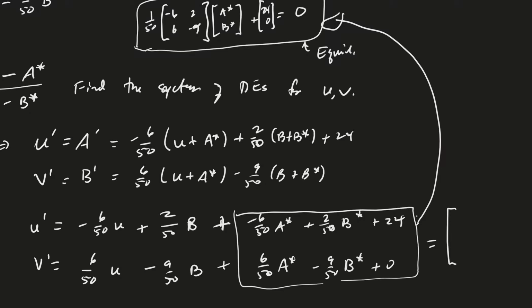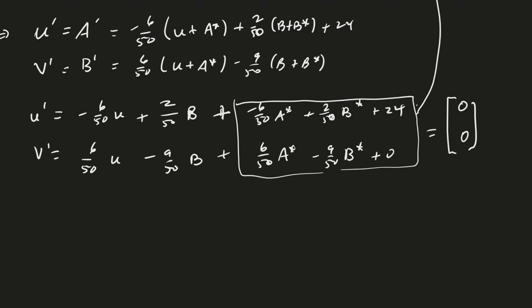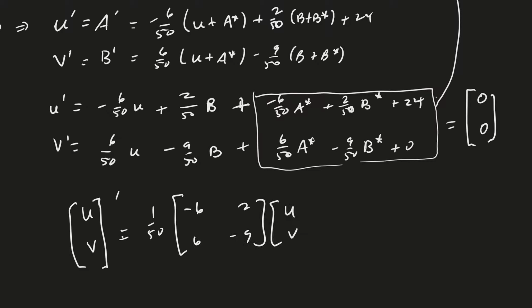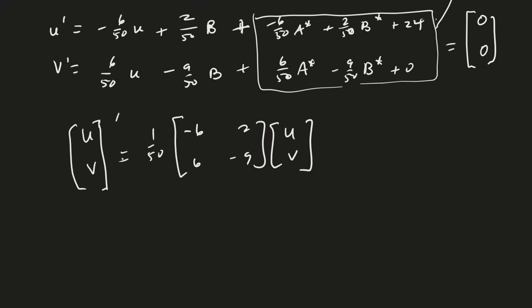So this box right here is equal to the vector 0, 0, and so therefore this entire thing just ends up being, I could rewrite it shorthand, u v prime is equal to 1 over 50, and then we have our matrix back, minus 6, 2, 6, minus 9, times u v. And so now you see what we were after. We were after this derivative just equal to a matrix times a vector. And so that's going to come in handy later on.